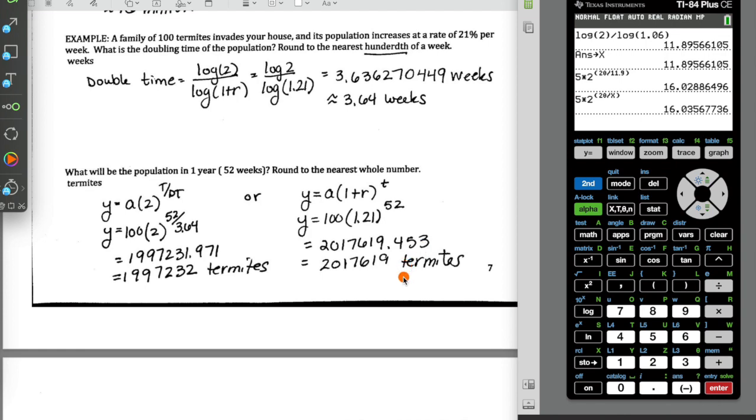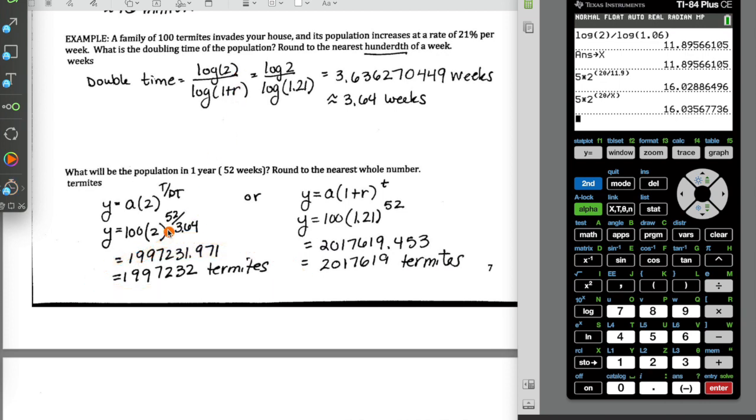Now, when we round that to the number of termites, this 4 is less than 5, so this 9 is going to stay the same. So our answer using this formula is 2017619 termites.